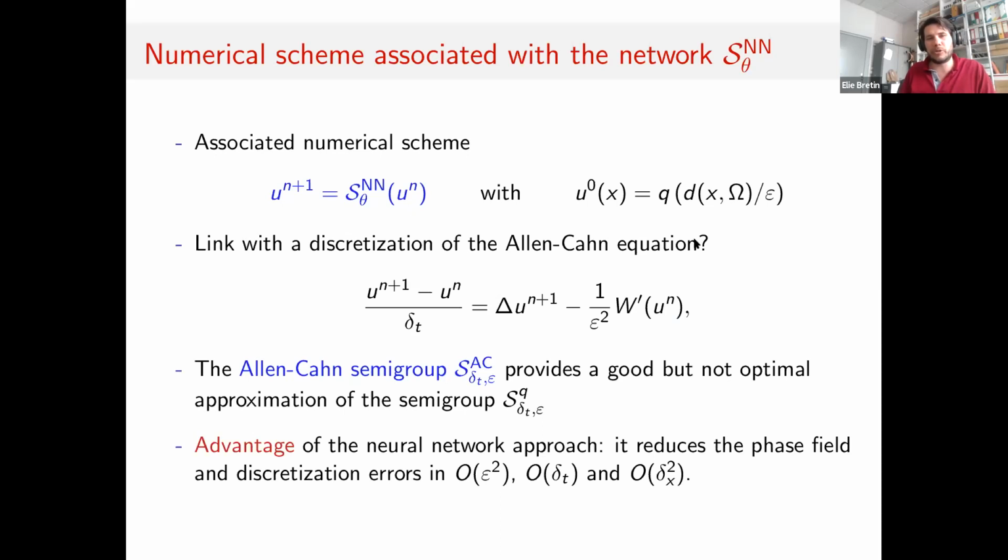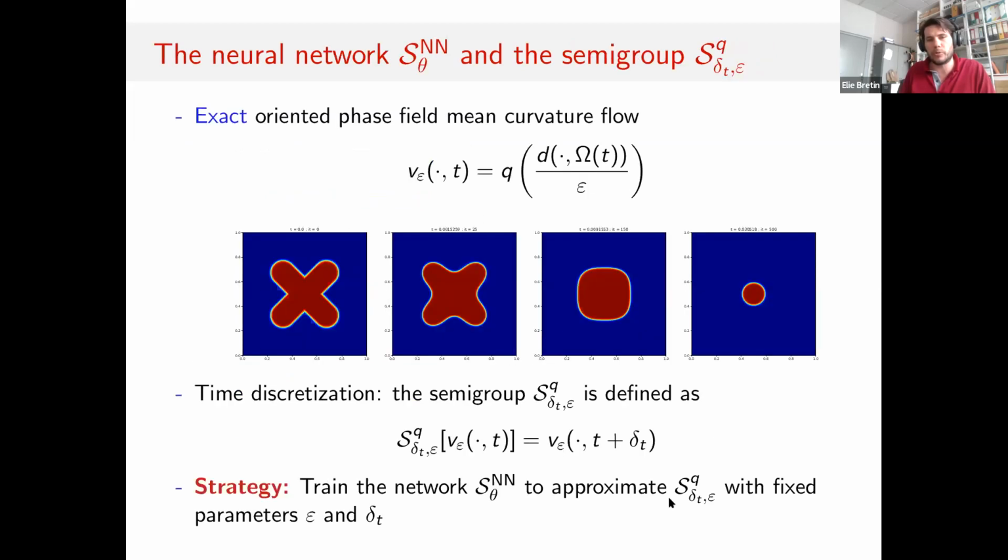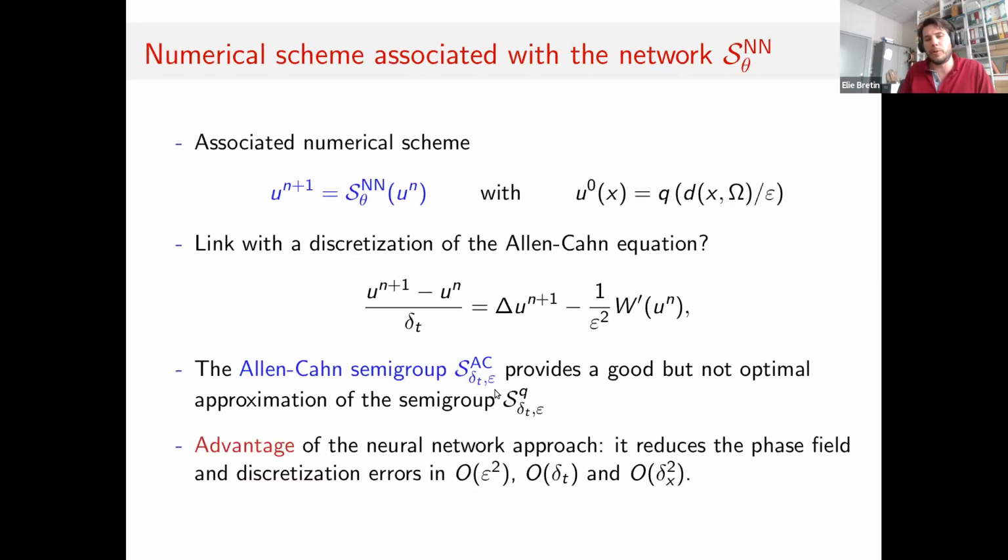This is linked with the discretization of the Allen-Cahn equation, because if you discretize the Allen-Cahn equation, for example with an implicit or explicit treatment of the Laplacian, we obtain a simple scheme which expresses u n plus 1 from u n. And this is what we call the semigroup associated to the Allen-Cahn equation. And so you see that the semigroup associated to the Allen-Cahn equation is very close to the semigroup associated to the phase field representation with Q. And we have an error between the two semigroups in epsilon square only.